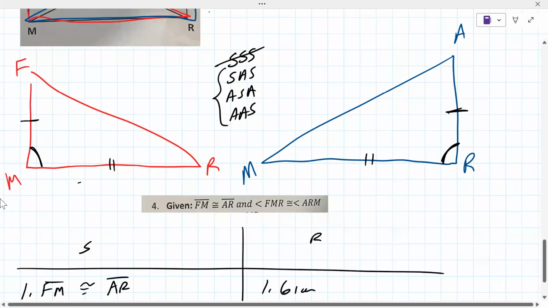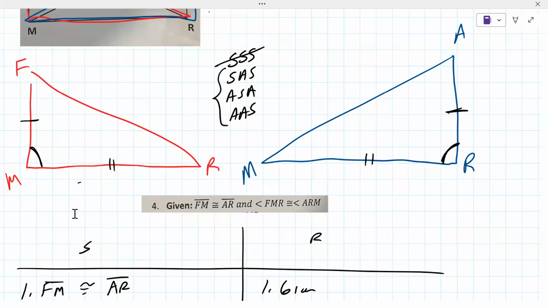Which triangles, what are the letters that we're going to use? FMR.